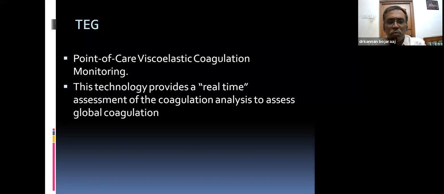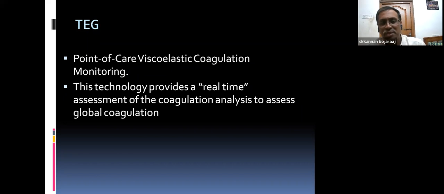There are gross alterations in hemostasis in liver pathology, and these patients are subjected to long or major surgeries. So this TEG is thromboelastography. It is a point of care viscoelastic coagulation monitoring, a global assessment of the coagulation system. You will assess the procoagulants and anticoagulants at the same time.